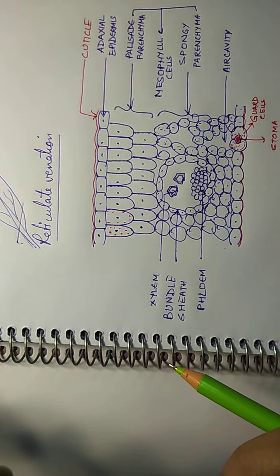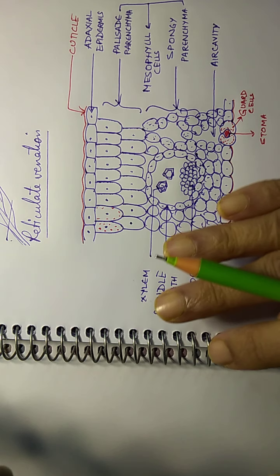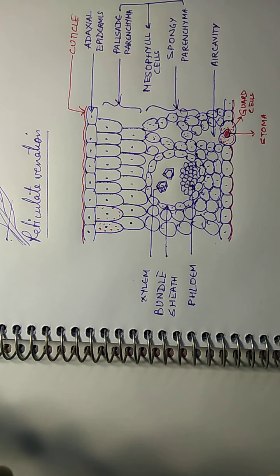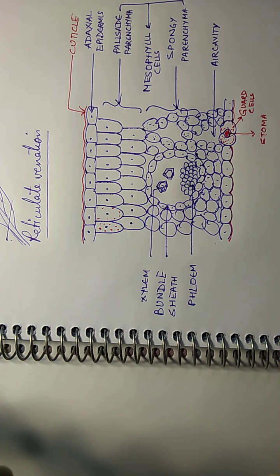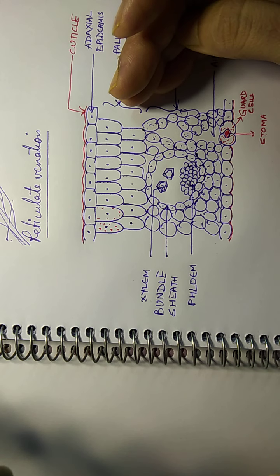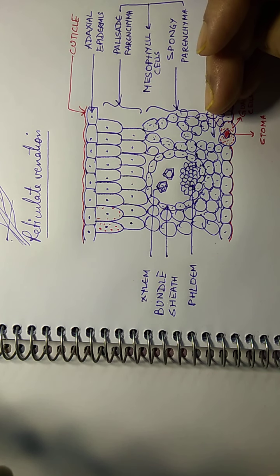Since it has two different surfaces, we call such a leaf a dorsiventral leaf. So dicot leaves are always called dorsiventral because they have separate anatomical features towards the upper side and towards the bottom side of the leaf.